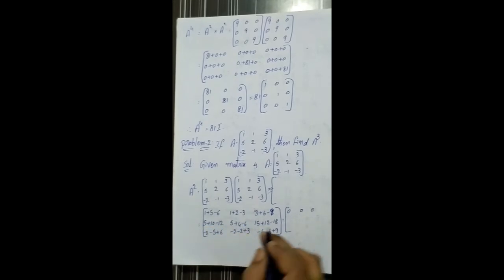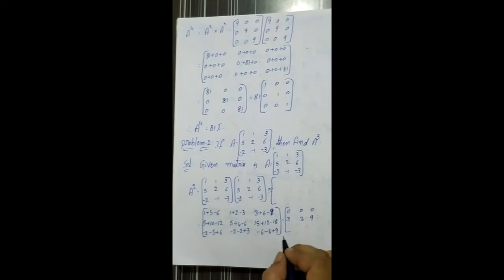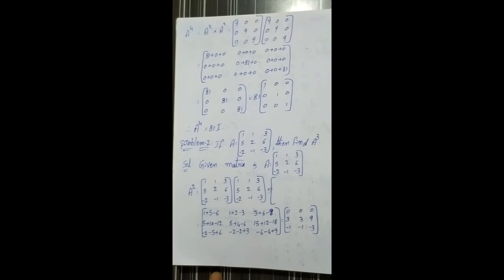And this is 3, 9 minus 6, 3. This value is 9. Then minus 1, minus 1, minus 3. This is A square value. Next we have to find A cube value.